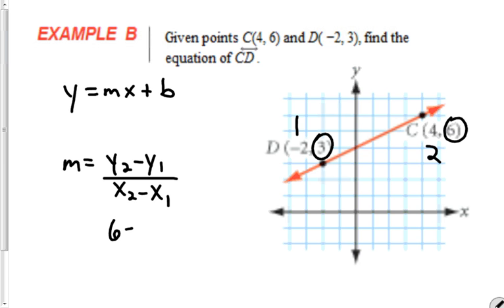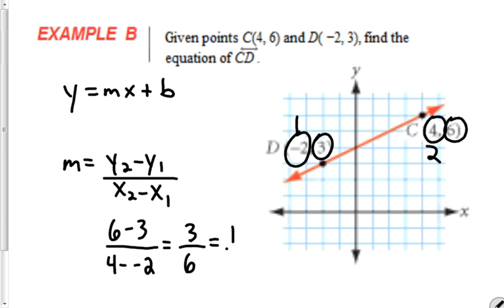So I have 6 minus 3 over x2 is 4, x1 is -2. I have 4 minus -2, and I get 3/6, which again reduces to 1/2. So either method of finding our slope in this case is going to work for us.